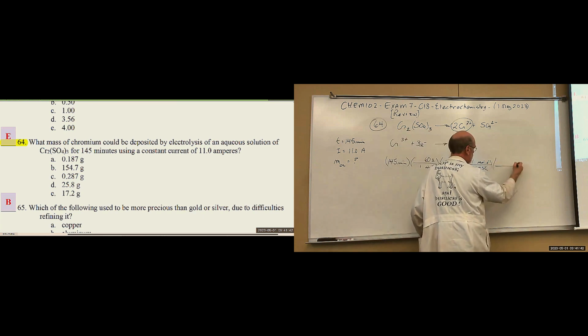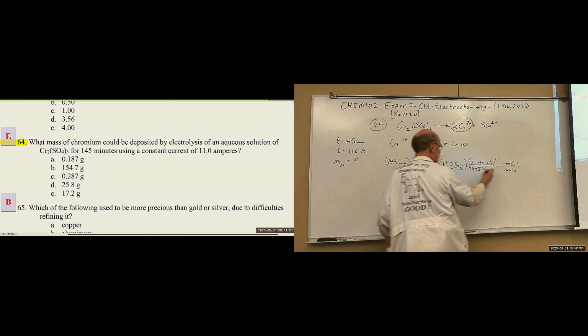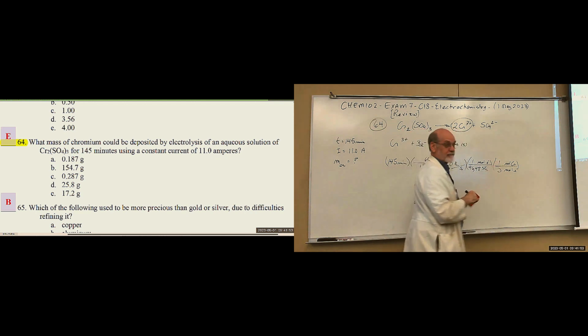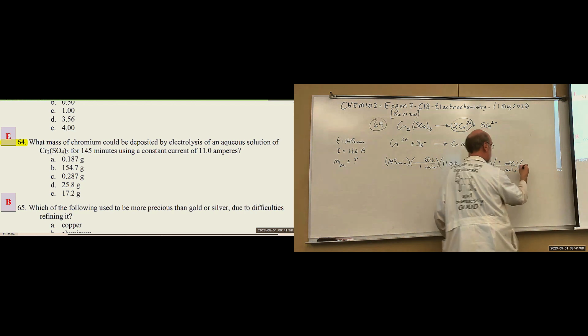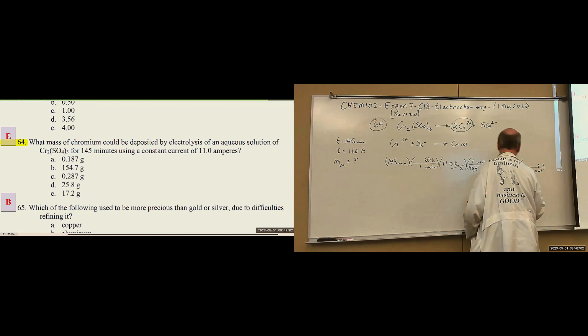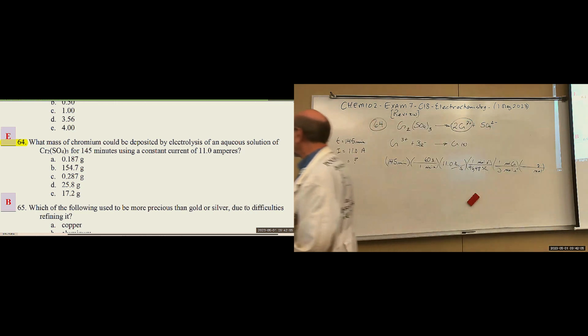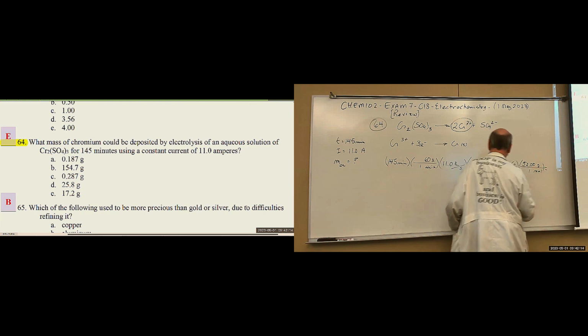Now, what's the ratio of moles of electrons to moles of chromium? 3 electrons, 1 chromium, right? And then if we know moles of chromium, we can get mass of chromium. All we need is the molar mass of chromium, which is 52. There we go.